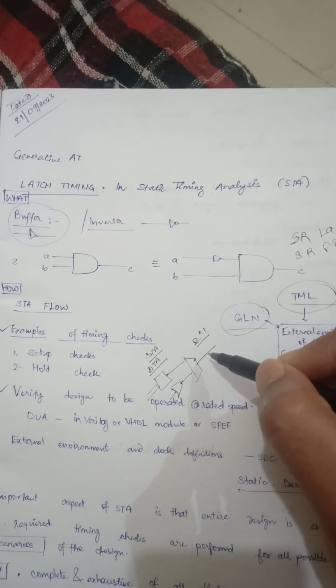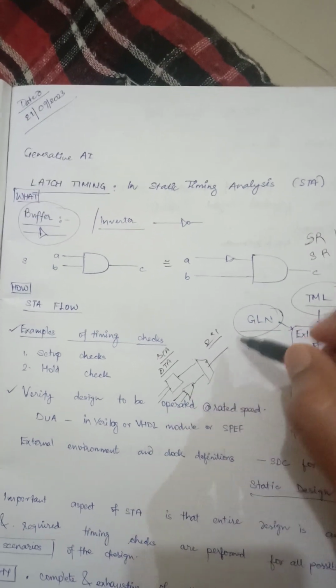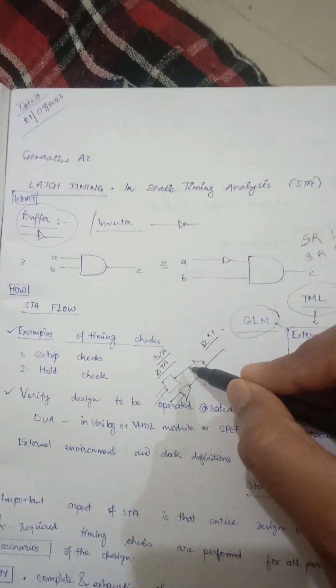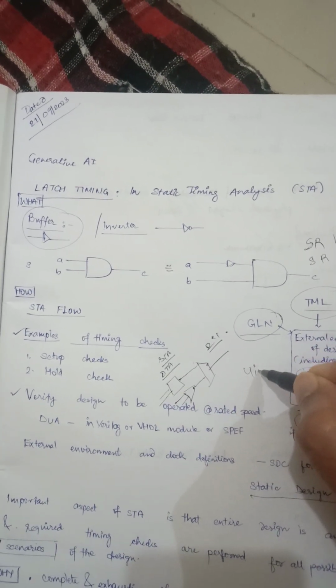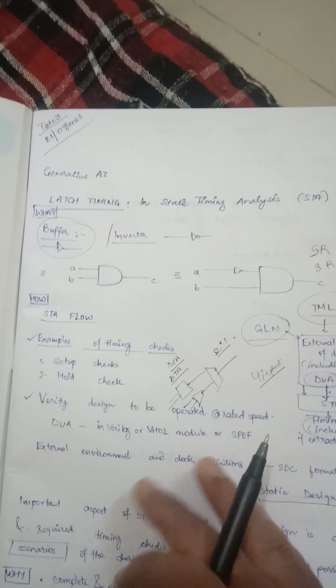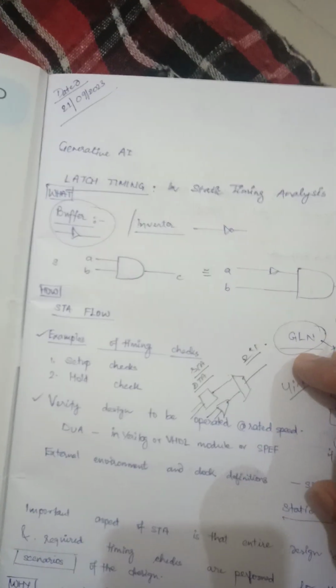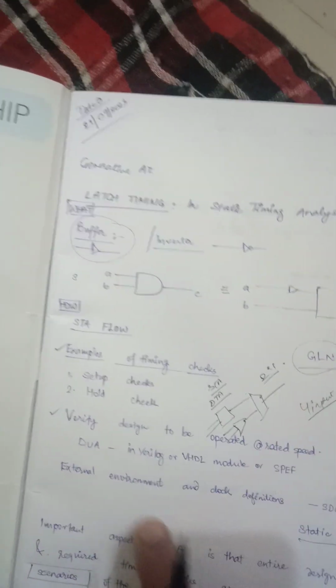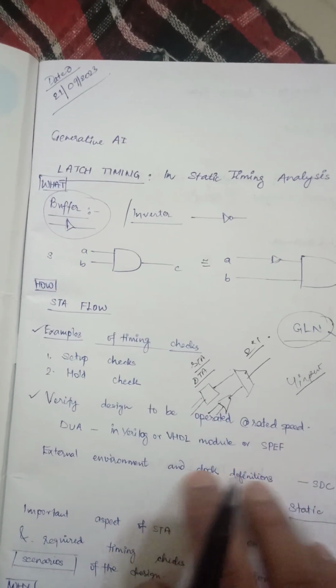This is a 2:1 MUX, but it has 4 inputs previously. So it is calculating the previous inputs and providing the desired output. This is to verify the design to be operated at a rated speed.